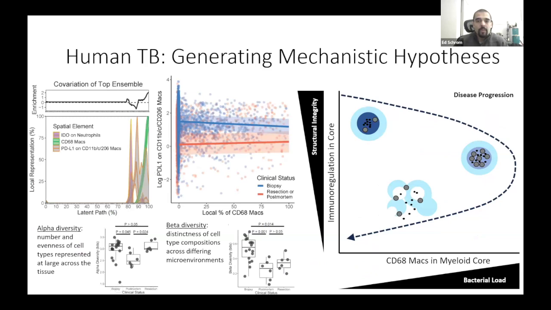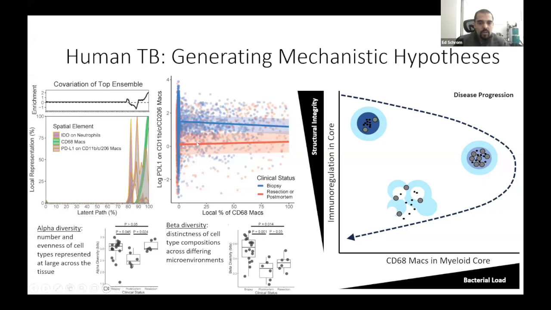And in particular, areas with high PD-L1 expression on triple positive macrophages, but small numbers of CD68 macrophages are depleted in the severe cases compared to the biopsy. Whereas areas with moderate PD-L1 expression on the triple positive macrophages, but high numbers of CD68 macrophages are enriched in the severe cases compared to the biopsy.